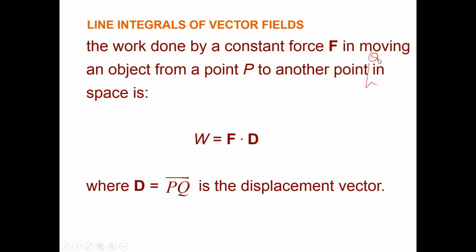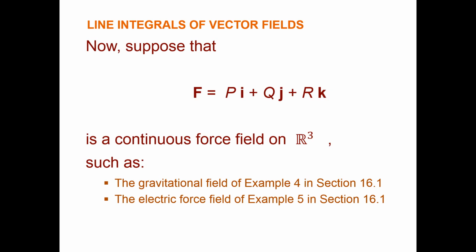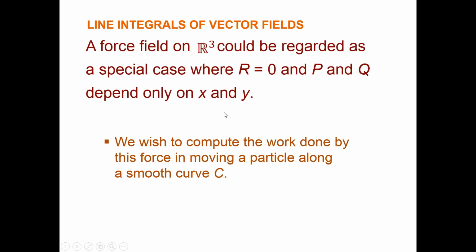Since F is a force in 3D, its vector representation is Pi, Qj, Rk, where P, Q, R are the components. In R cube we are discussing the vector, so this is the vector form of the force.